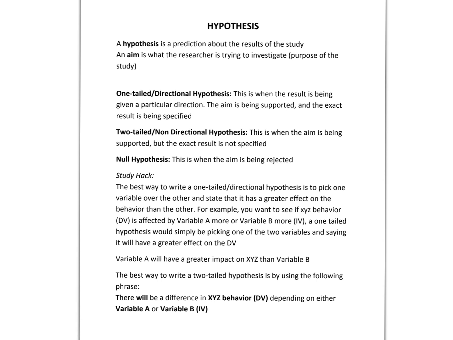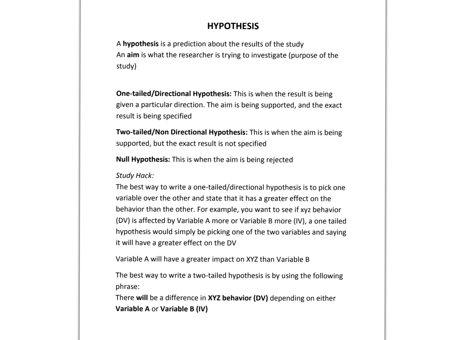It says over here that the best way to write a one-tailed hypothesis is to pick one variable over the other and simply state that this has a greater effect on the behavior rather than the other. So for example, you want to see if XYZ behavior, which is the DV, is affected by variable A more or variable B more.